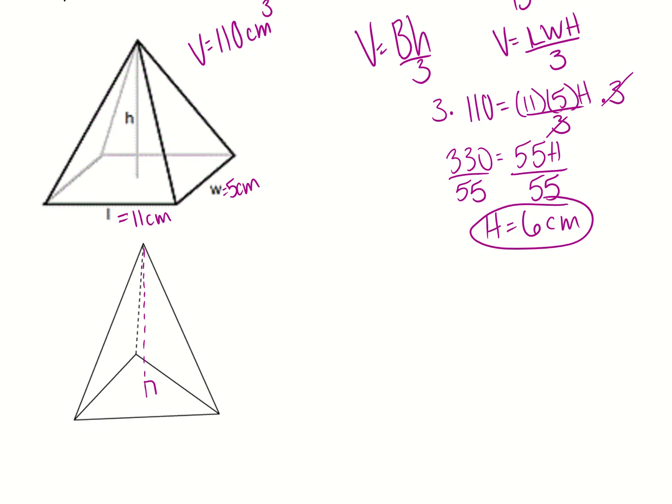Oh, let's do this one. Okay, so let's say, nope, I changed my mind. I don't like that one. Okay. I want to say the volume for this one is 840 inches cubed.